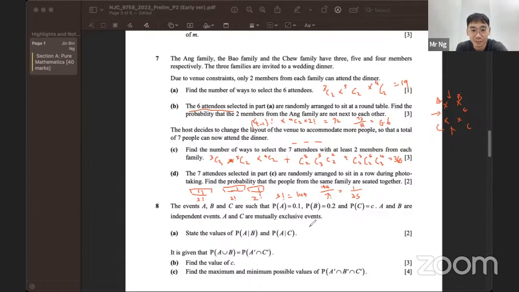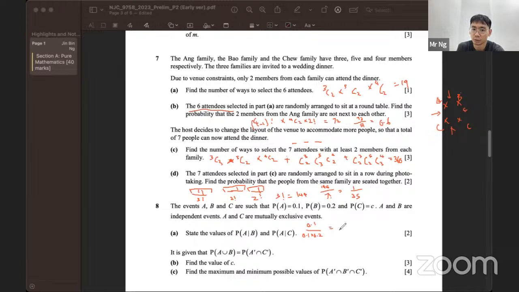The value of this one is 0.1. Then A intersect B: because A and B are independent, it will be 0.1 times 0.2.